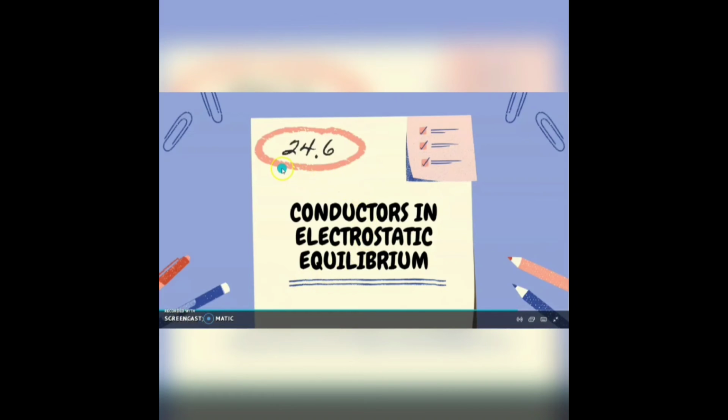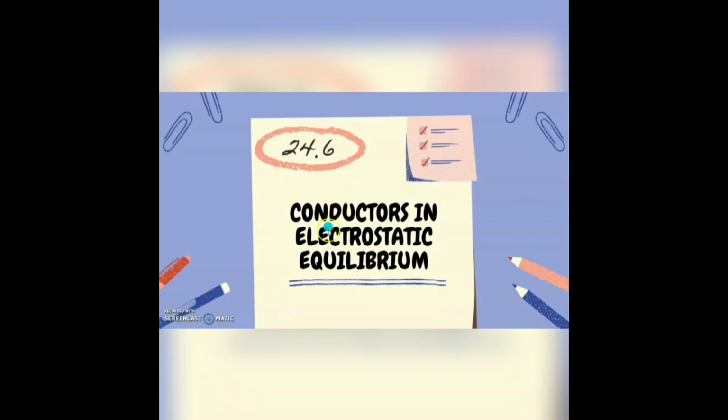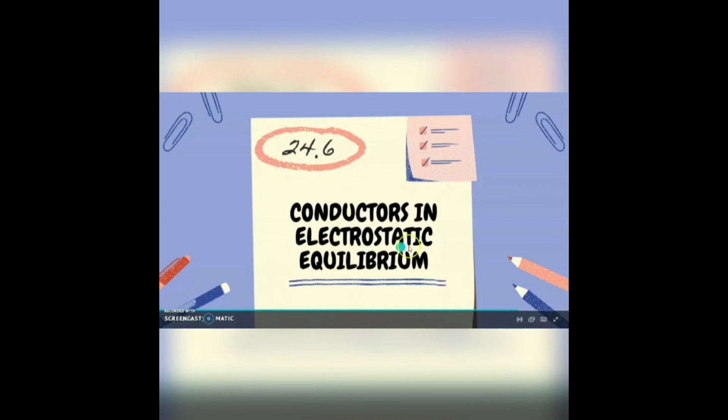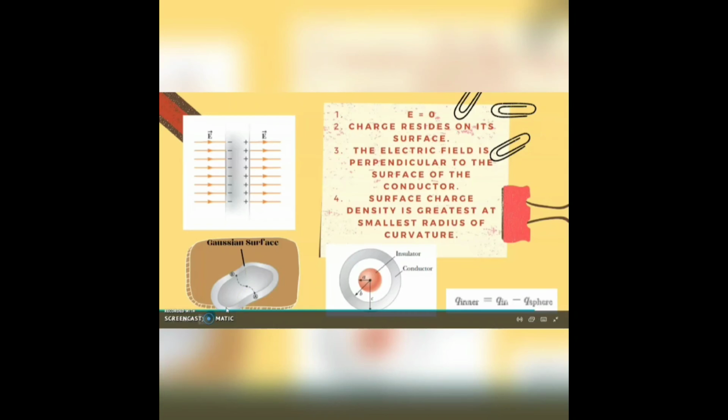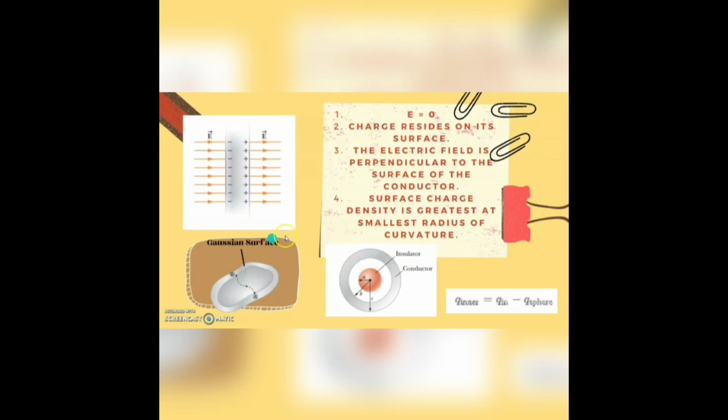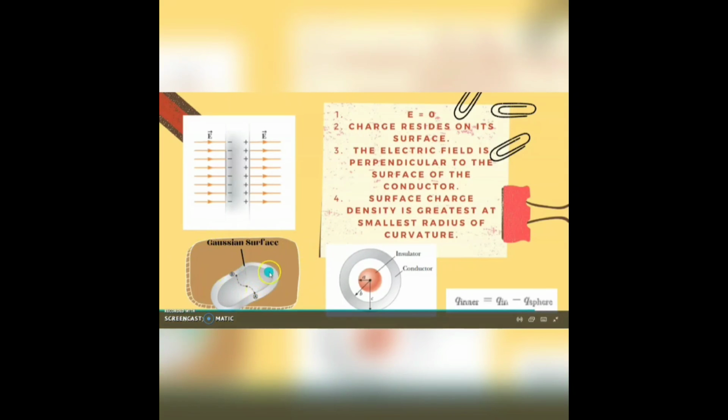Moving on to the last subtopic, 24.6, conductors in electrostatic equilibrium. In equilibrium, there is no moving charge. In every conductor there is a Gaussian surface. This is the Gaussian surface, this is the Gaussian surface, and this is the Gaussian surface.